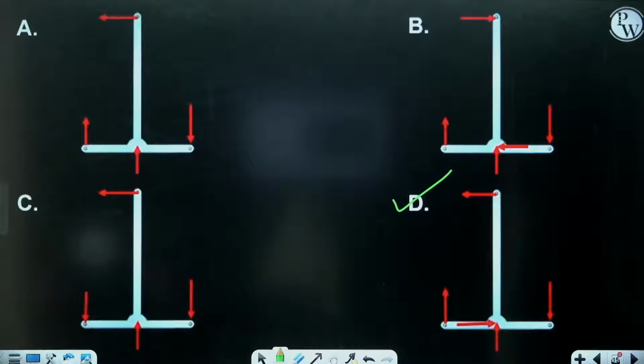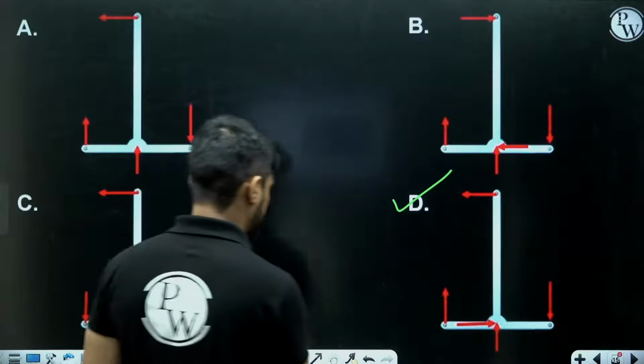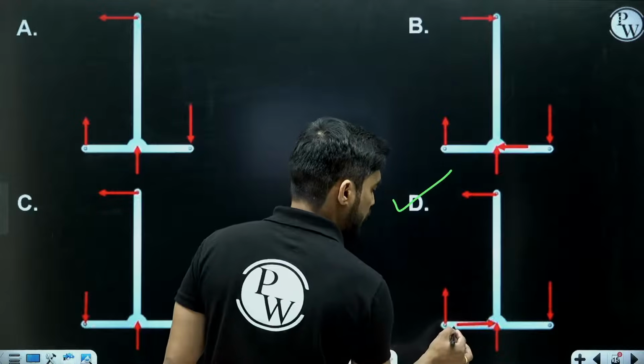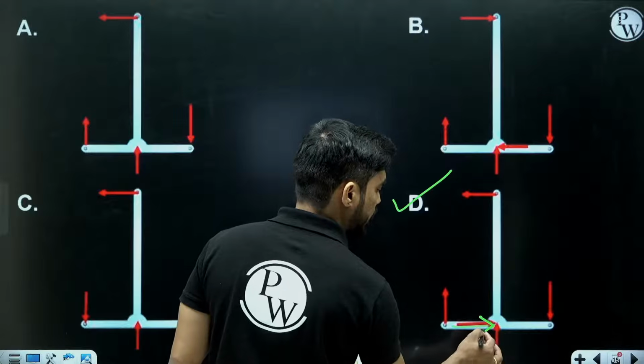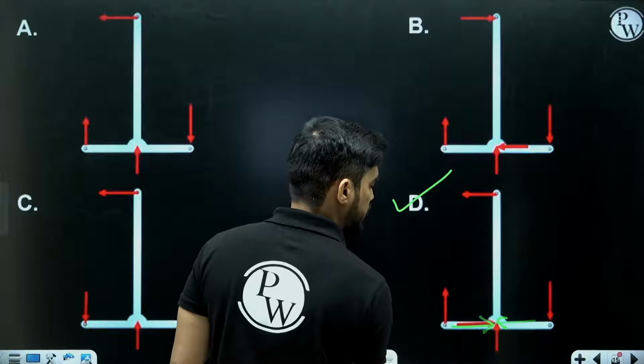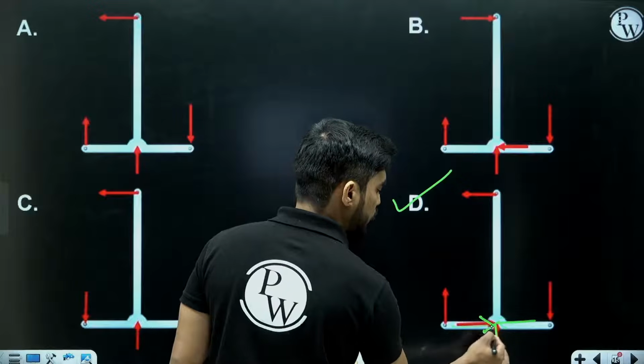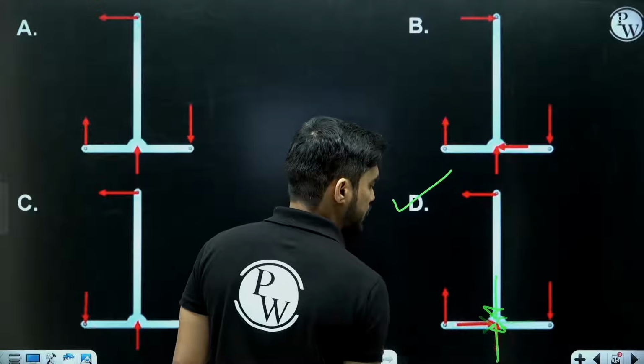I hope this is clear to you. So although we can assume any direction of reaction at the hinge, I can assume the reaction in X direction to be right side or left side. I can assume the reaction at hinge to be like this or like this.